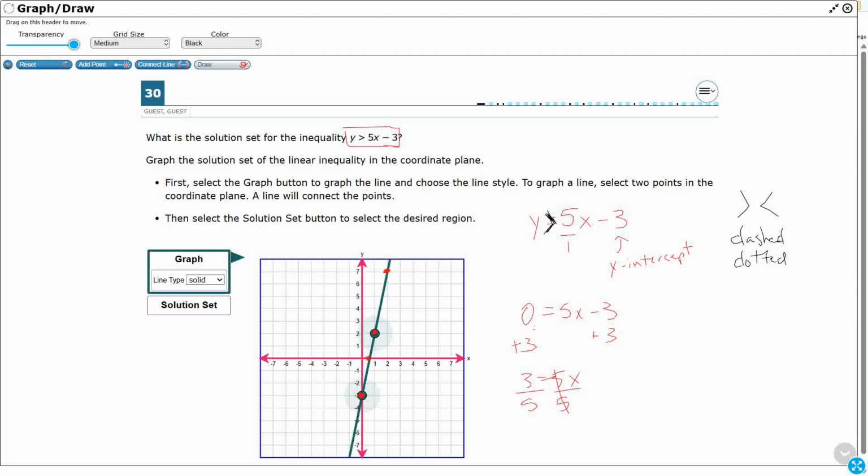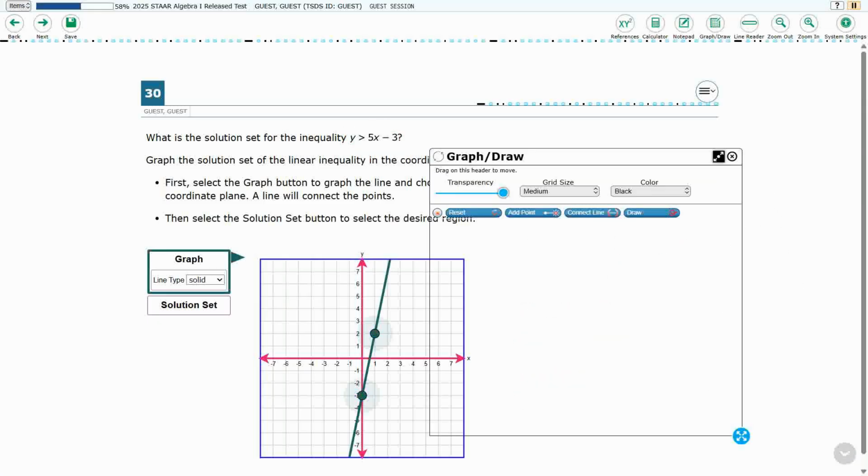That means we are not going to include any number on the line in the data set. If we are using greater than or equal to or less than or equal to, then it's going to be a solid line, because we can include everything that's on the line in our solution set. So it is a greater than, which means we are going to make it a dashed line.